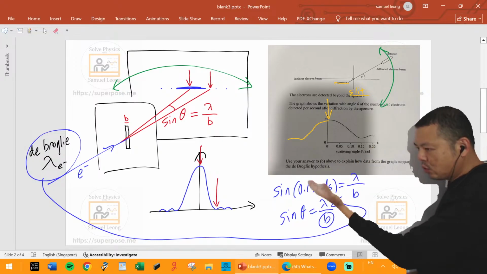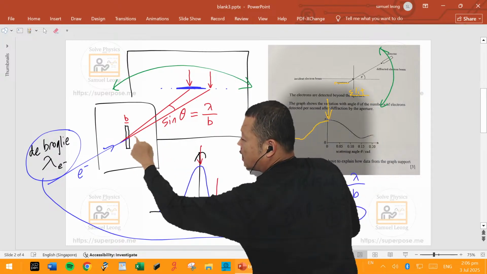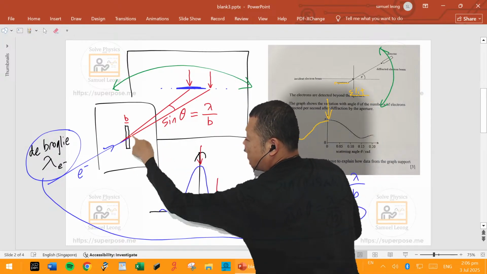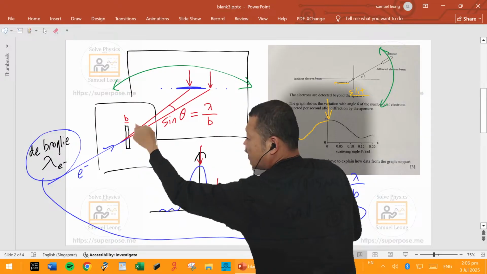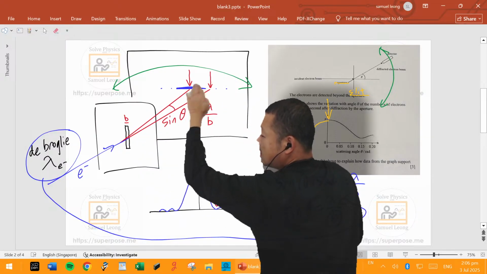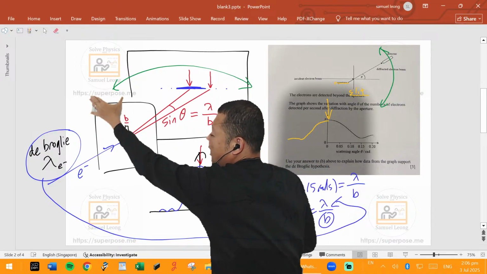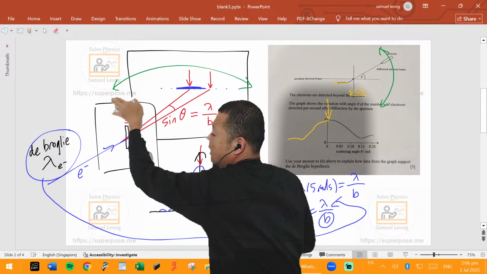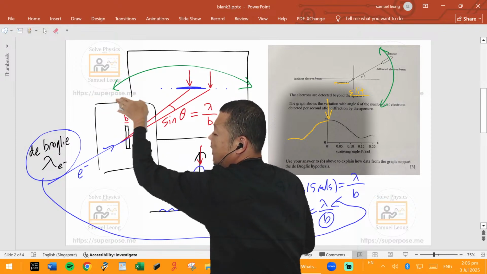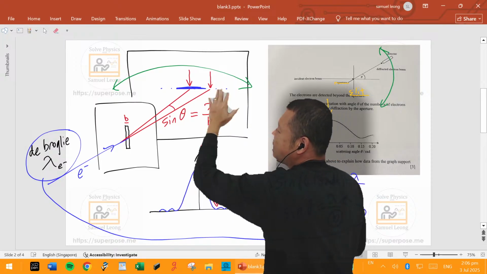And what can a wave do? What can waves do here? No, I'm pointing to you the answer. Yeah. So waves can interfere, can superpose, right?